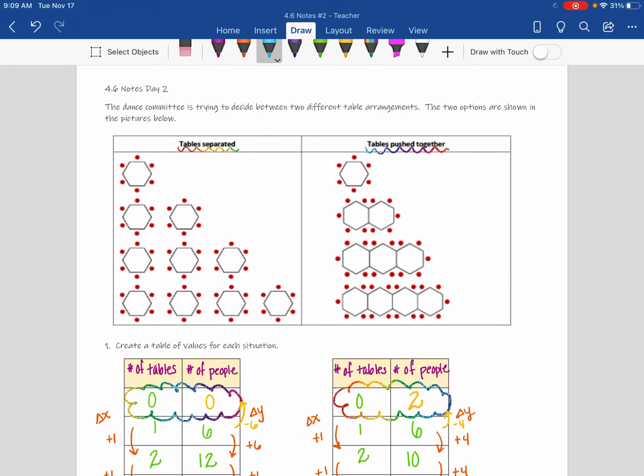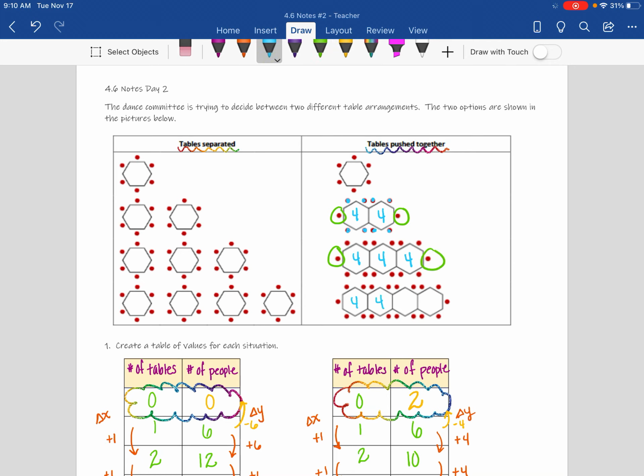So I'm going to go up and look at my picture. I'm going to say to myself, okay, I have 4 people at this table, 4 people at this table, 4 people at this table, plus 1 on each end.